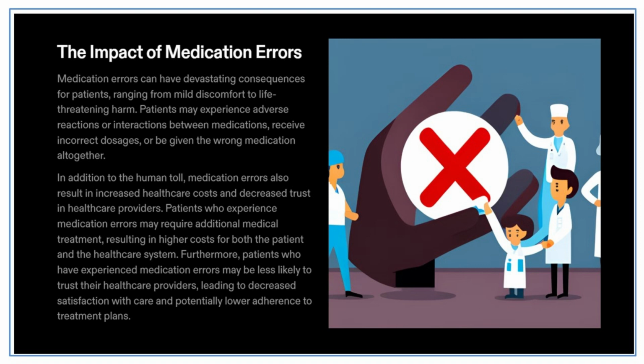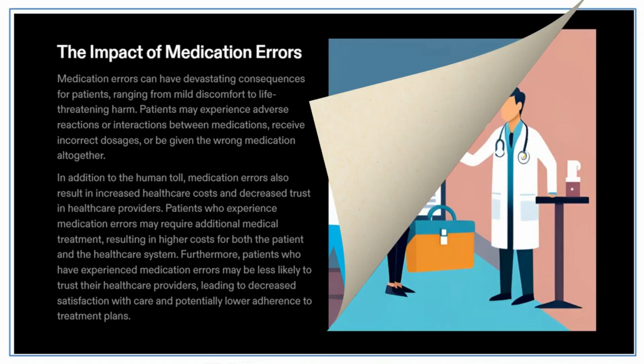Patients who experience medication errors may require additional medical treatment, resulting in higher cost for both the patient and the healthcare services. Furthermore, a patient who has experienced a medication error may be less likely to trust their healthcare providers later on, leading to decreased satisfaction and potentially lower adherence to treatment plans.